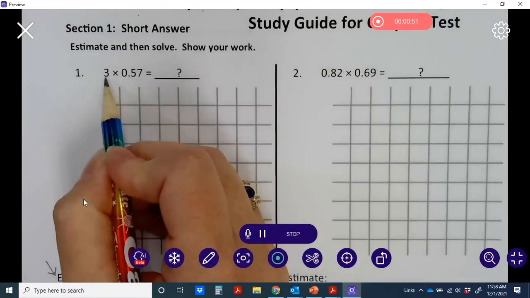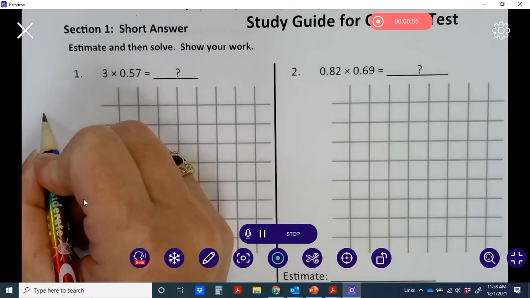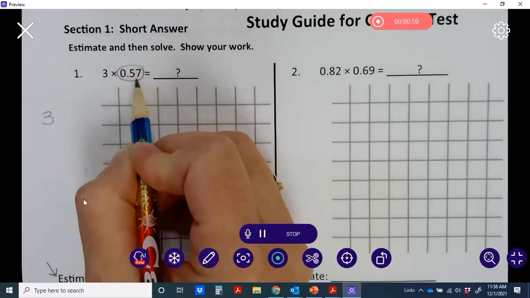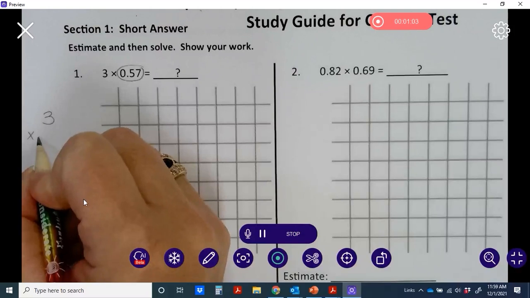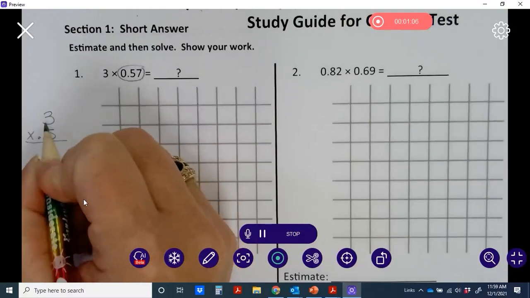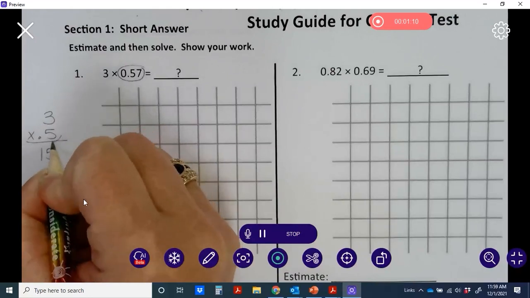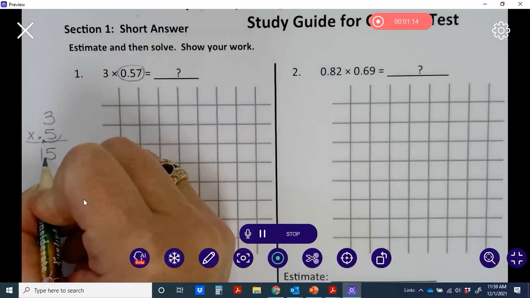Now, we have 3, so we don't have to really estimate there. It's just 3. And right here, I'm going to say that that's about half, all right? So 3 times 0.5, which is 5 times 3 is 15, and we have 1 decimal point, so we go 1 over, so it's 1.5.